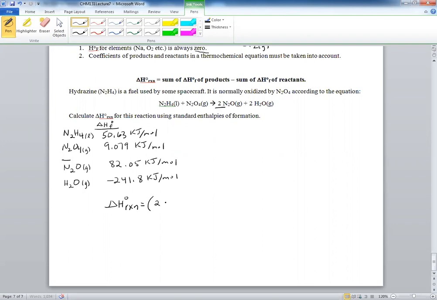I have 2 moles times the delta HF of N2O plus 2 times delta HF of H2O, close parentheses, minus, because that's the sum of the products, minus, there's only 1 mole here, so that's just the delta HF of N2H4 plus delta HF of N2O4.